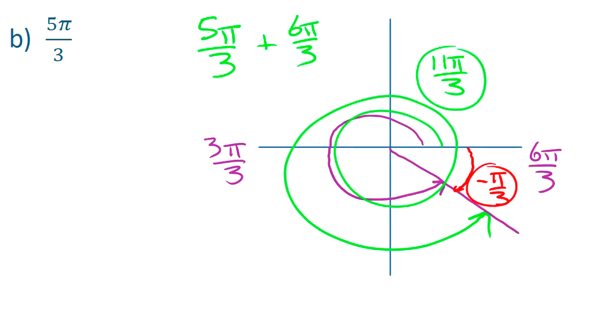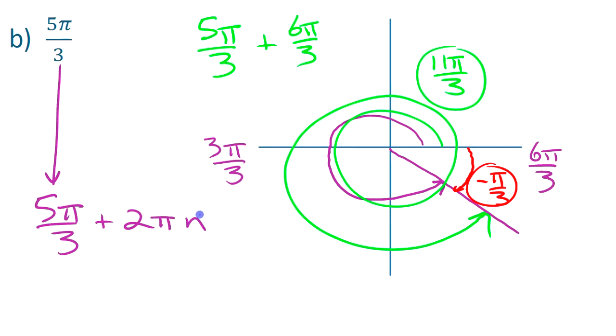If we want to write an expression for any angle coterminal with that, we can take our starting angle and then add on multiples of a full turn, multiples of 2 pi. So I'm going to write 2 pi times n. That n is going to be an integer, any integer. It's a good practice to say underneath here what it is, where n equals any integer.